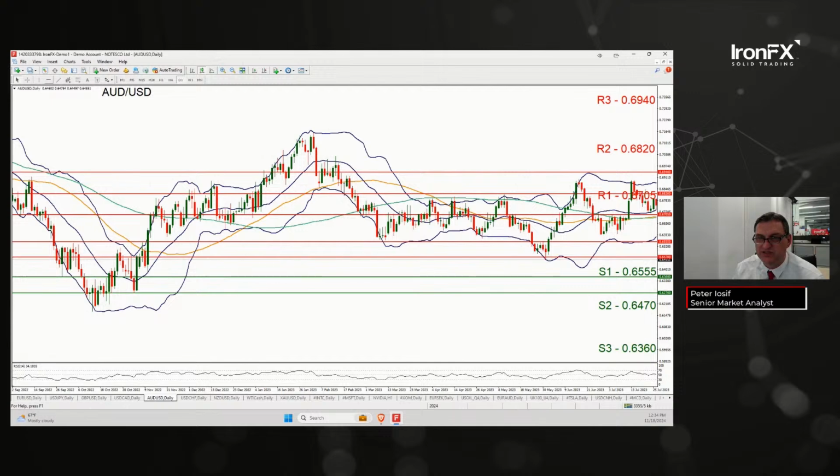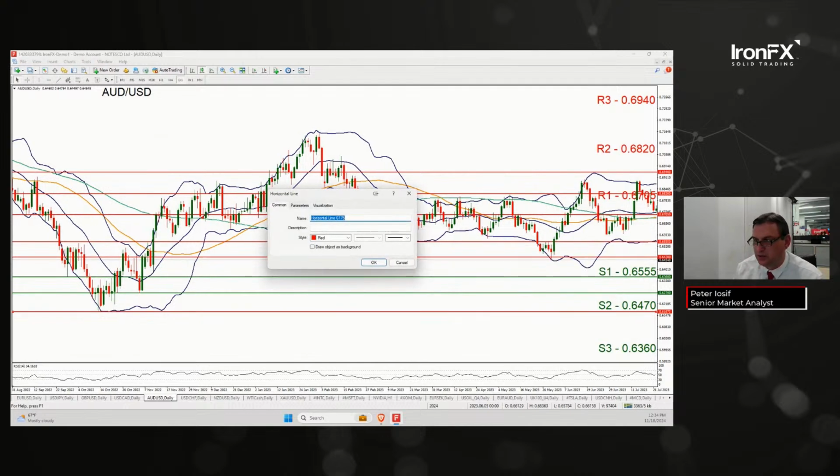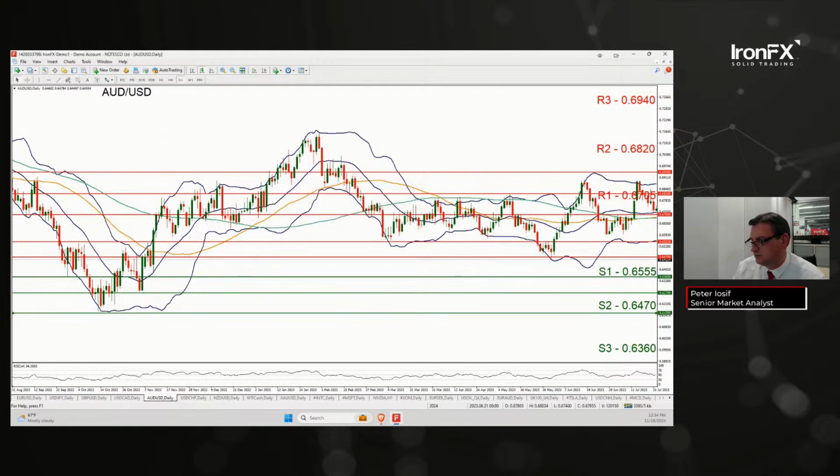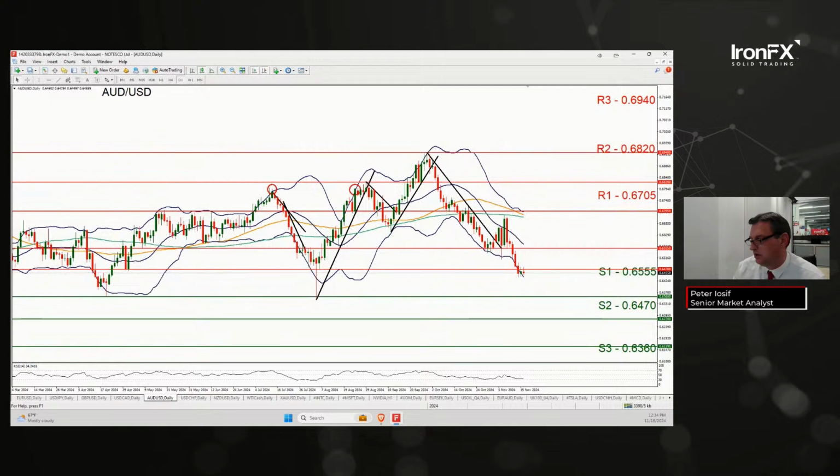And we have the S3 at this shoulder, and that would be the 0.6170 at green. Readjusting the chart, widening it. Let's correct also the labels.